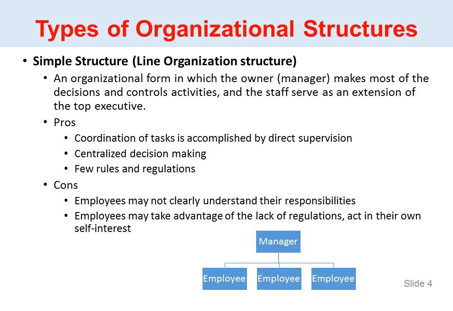It has advantages and some disadvantages. The advantage is that coordination of tasks is accomplished by direct supervision. The manager is supervising the employees. That could be in a small firm, a small plant, a small office. It has centralized decision making, and few rules and regulations are presented.